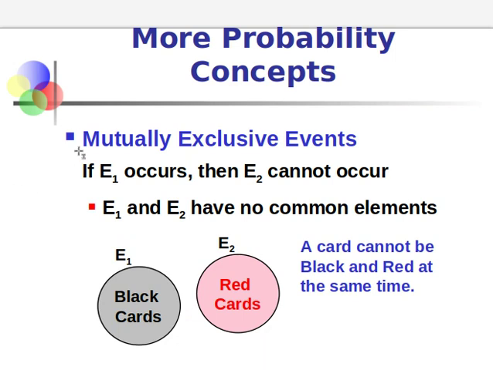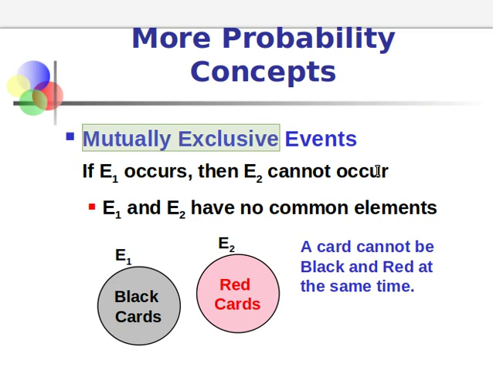Now, more probability concepts, mutually exclusive events. There are events that are mutually exclusive, that is, events that cannot happen together. If E1 occurs, then E2 cannot occur because they are exclusive.